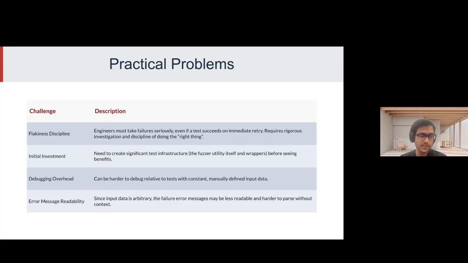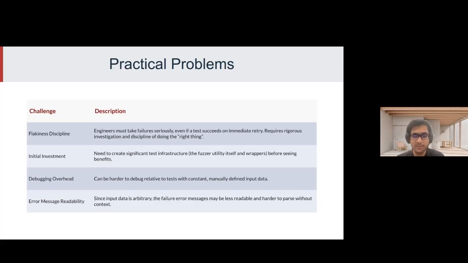Debugging can also be a bit more challenging with fuzzy testing. Sometimes the error message is not very clear, and the line at which your code fails doesn't tell you anything about the failure itself. Reproducing the failure might require you to override some flags or environment variables.